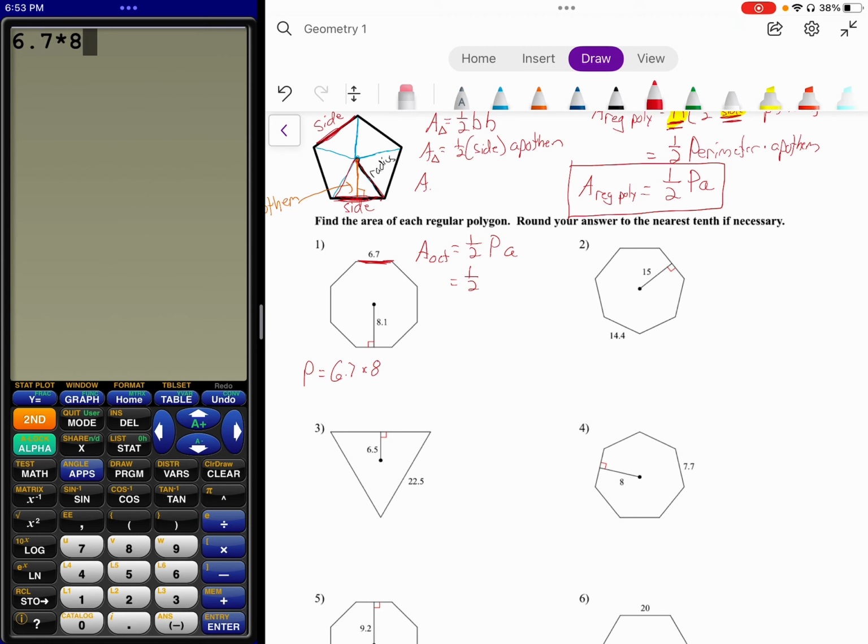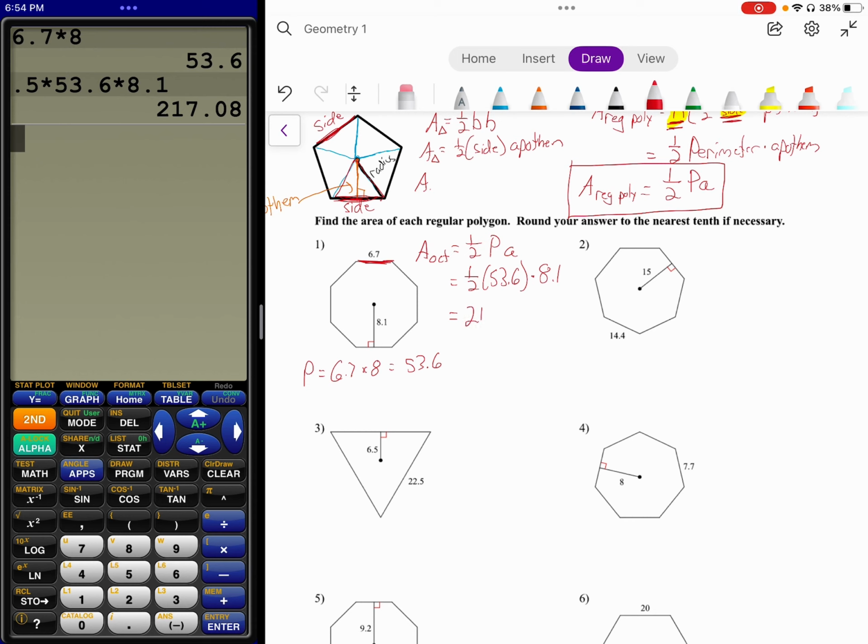6.7 times 8 over here on the calculator, and we get the perimeter is 53.6. That goes in for perimeter, 53.6, and the apothem is 8.1. And we just multiply. So 1/2 is 0.5 times 53.6 times 8.1.